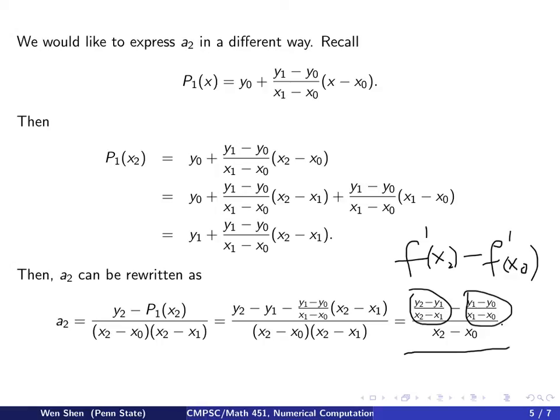Thinking of f prime as a function here, it's f prime at x2 minus f prime at x1 over x2 minus x1. So that again is some kind of secant line. So you can think that this is actually an approximation of some second derivative of f at some point near x0 and x2.